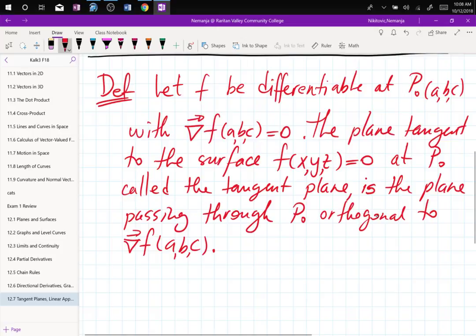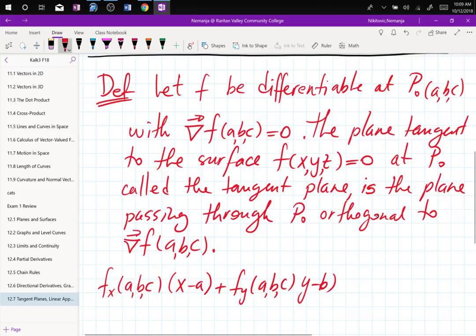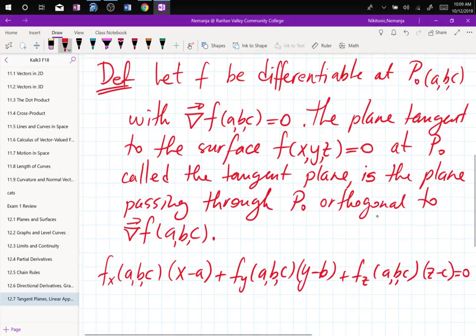And then the equation is f_x(a,b,c) times (x minus a), the same equation we had up there, plus f_y(a,b,c) times (y minus b) plus f_z(a,b,c) times (z minus c) equal to 0.